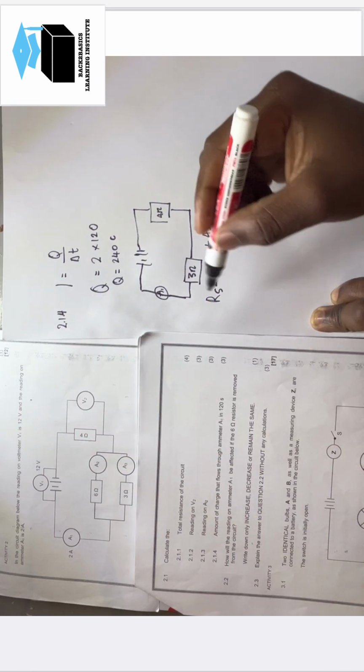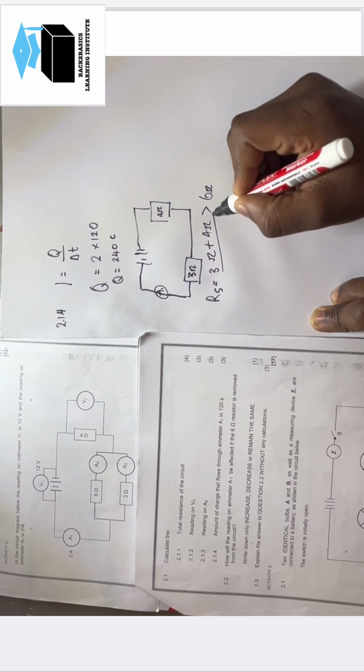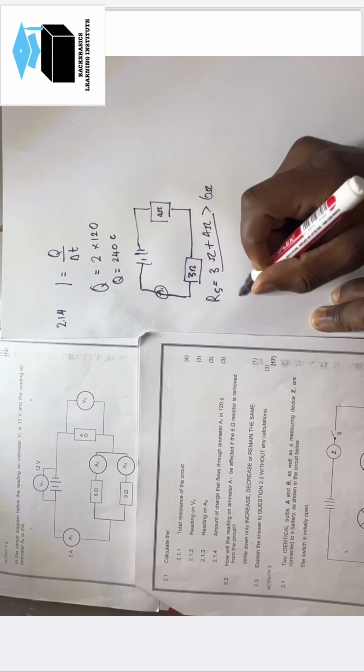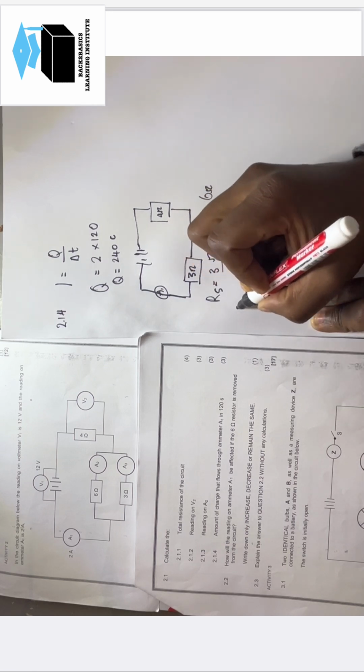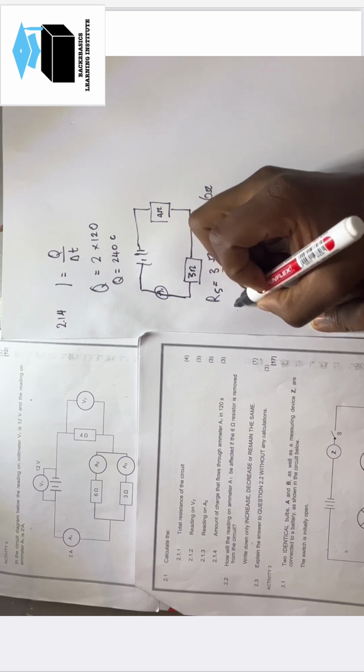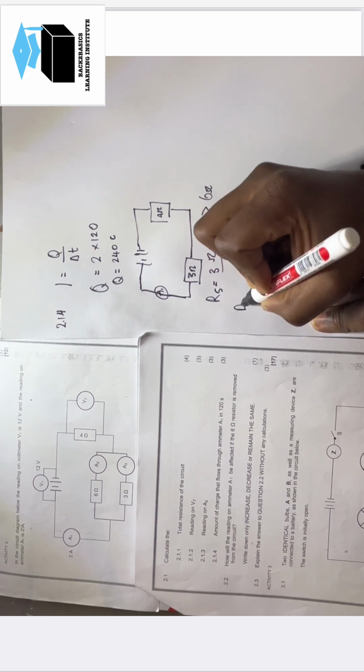So your resistance is being increased. So if the resistance is being increased, then what happens to the current? Your resistance is increased, so your current is going to decrease.